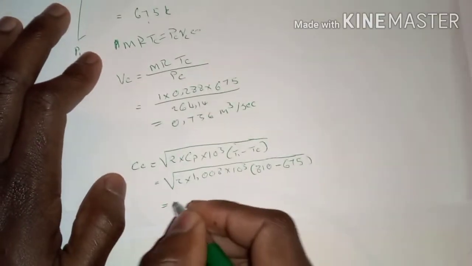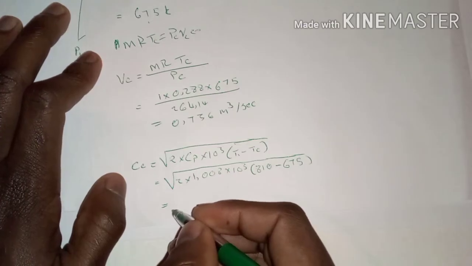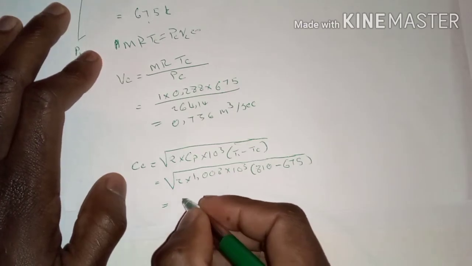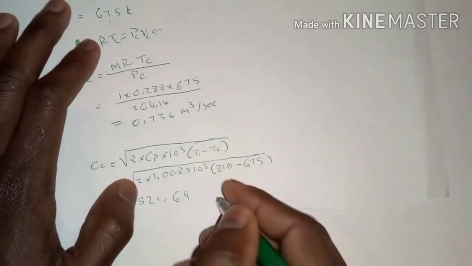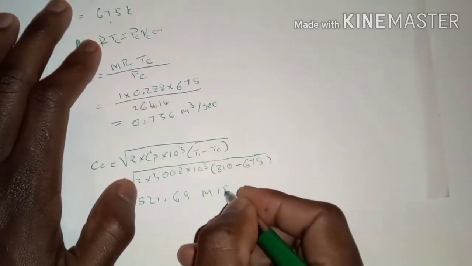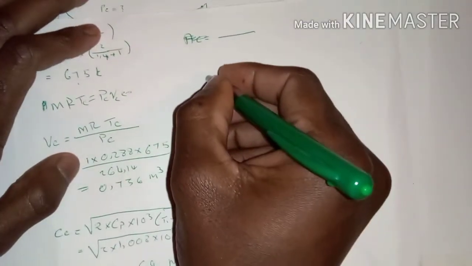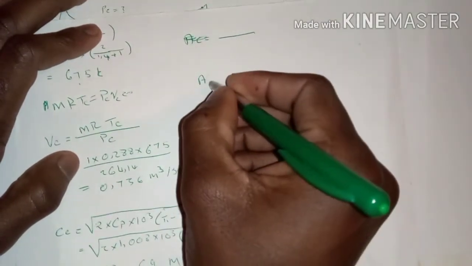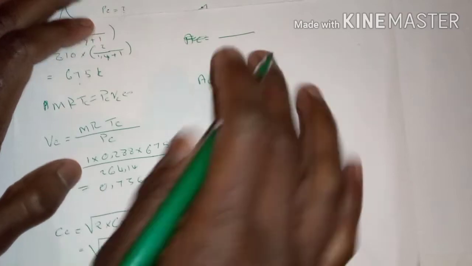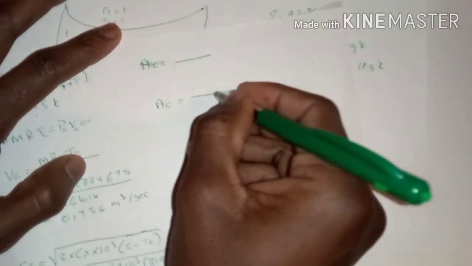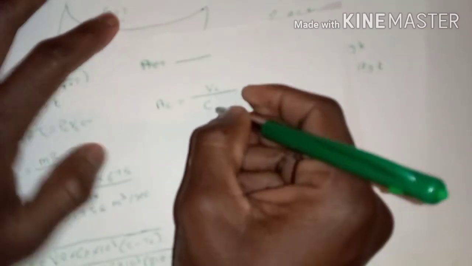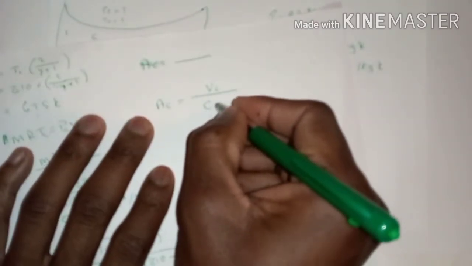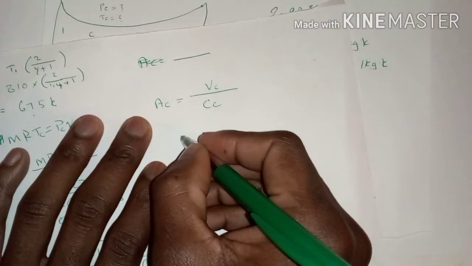That will give us our velocity as 521.69 meters per second. It is then that we can now come to this formula and say the area at the trough is given by what? Volume of the trough divided by the velocity.